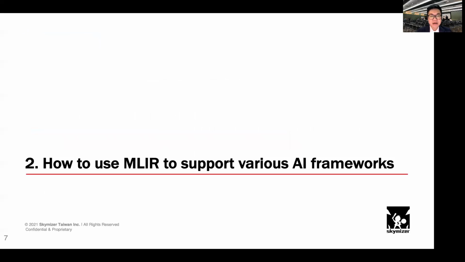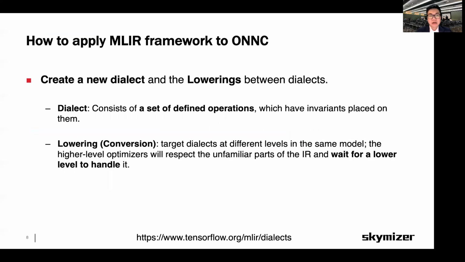So let's take a look at how to use MLIR to support various AI frameworks for ONC. How to apply the MLIR framework to ONC? We think the key is to create a new dialect and then implement the lowering between dialects. Dialect is MLIR's terminology, which means a set of defined operations.